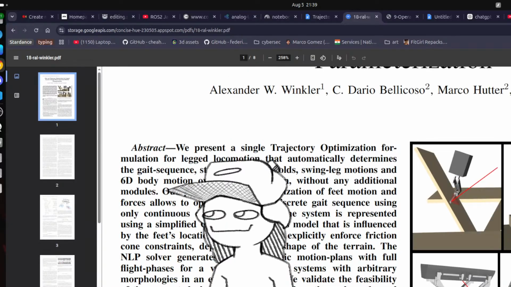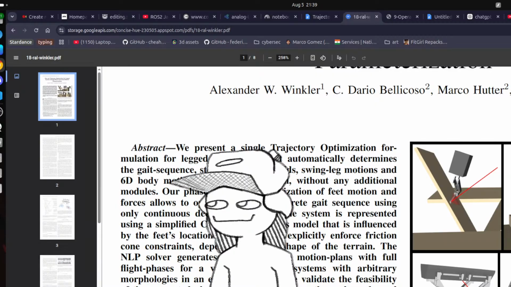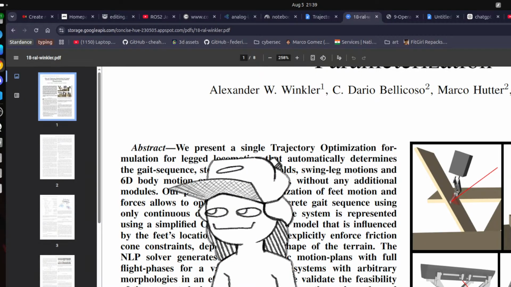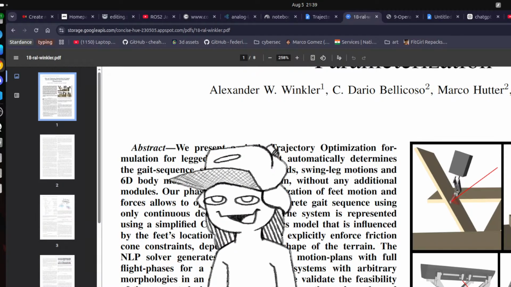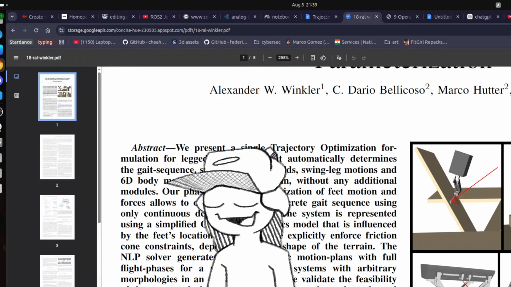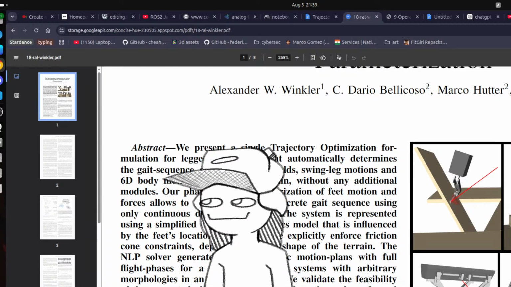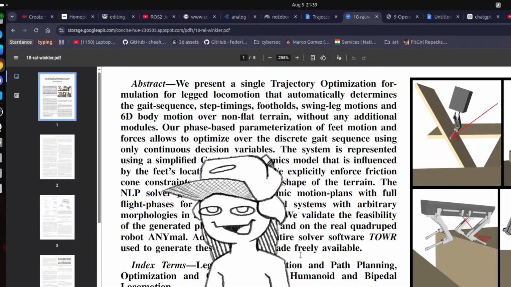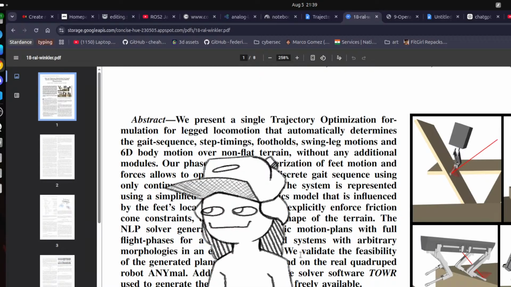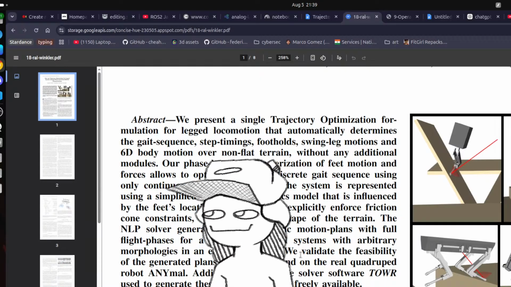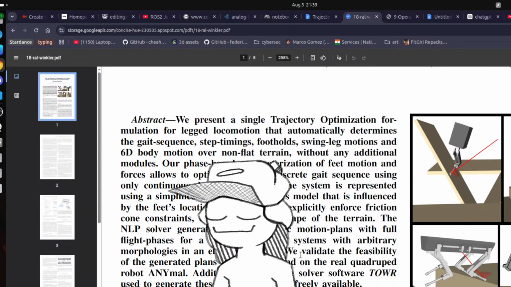If you did not attend the last session, the paper is implementing a singular formula that could, in theory, enable any legged robot to traverse any given environment.